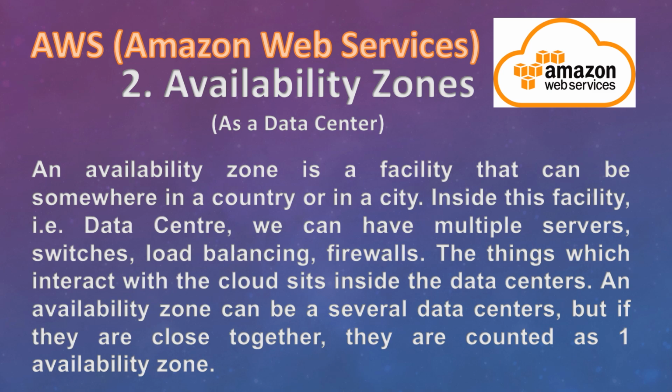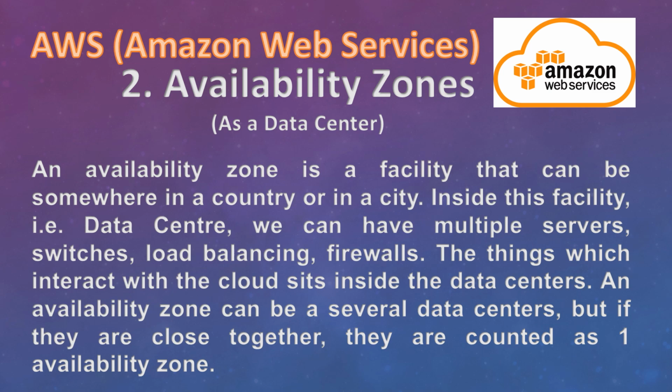Second global infrastructure is availability zone. An availability zone is a facility that can be somewhere in a country or in a city. Inside this facility, for example, a data center, we can have multiple servers, switches, load balancing, firewalls.